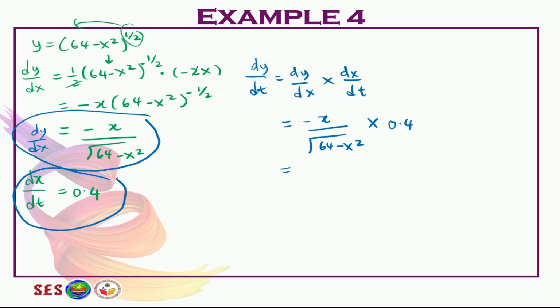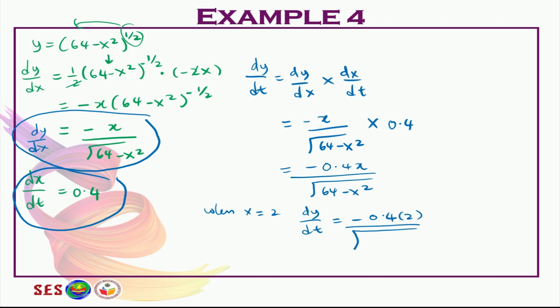So it's equal to negative 0.4x over square root of 64 minus x squared. Then when x is equal to 2, dy over dt is equal to negative 0.4 times 2 over square root of 64 minus 2 squared. So it's equal to negative 0.103 and the unit is meter per second.